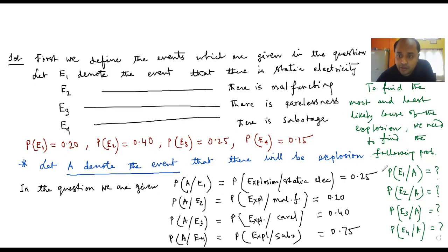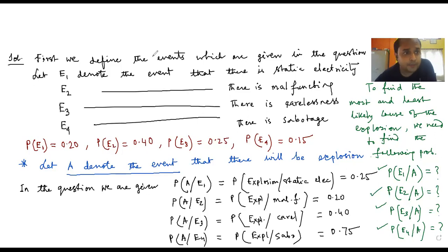Now, if I can find all these things, then the maximum of these values will be the most likely cause. The minimum of these values will be the least likely cause. I hope you have understood. Okay. To find this, now try to recall the statement of the Bayes theorem.